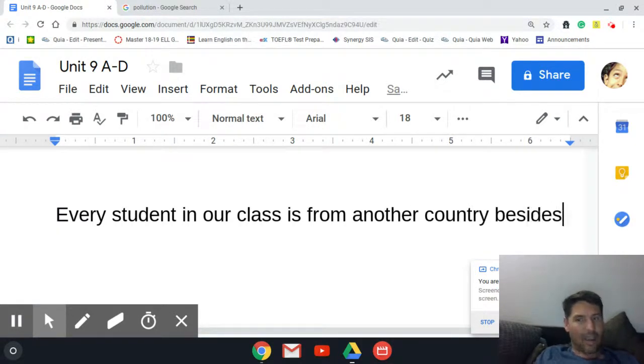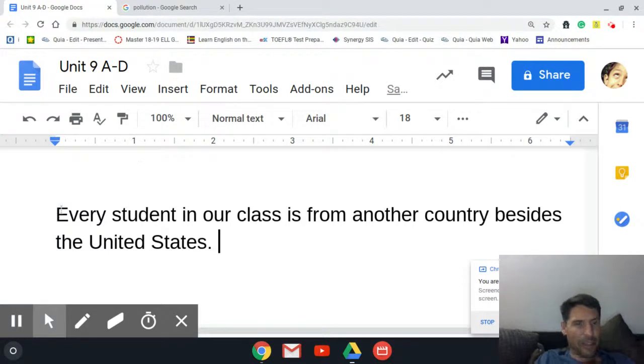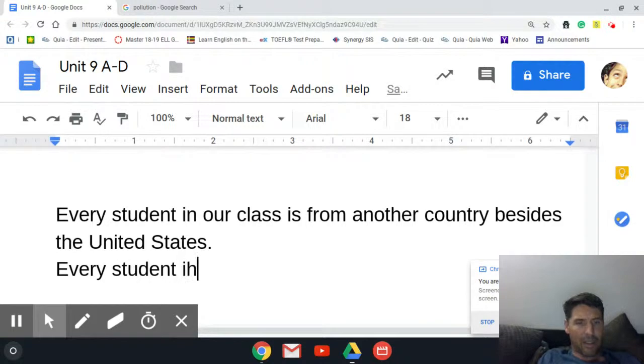And what I mean by that is besides the United States, not the United States. Okay. So I want you to notice it says every, then it's a singular noun, and then the verb has to agree. So every student is, right? Every student in our class.